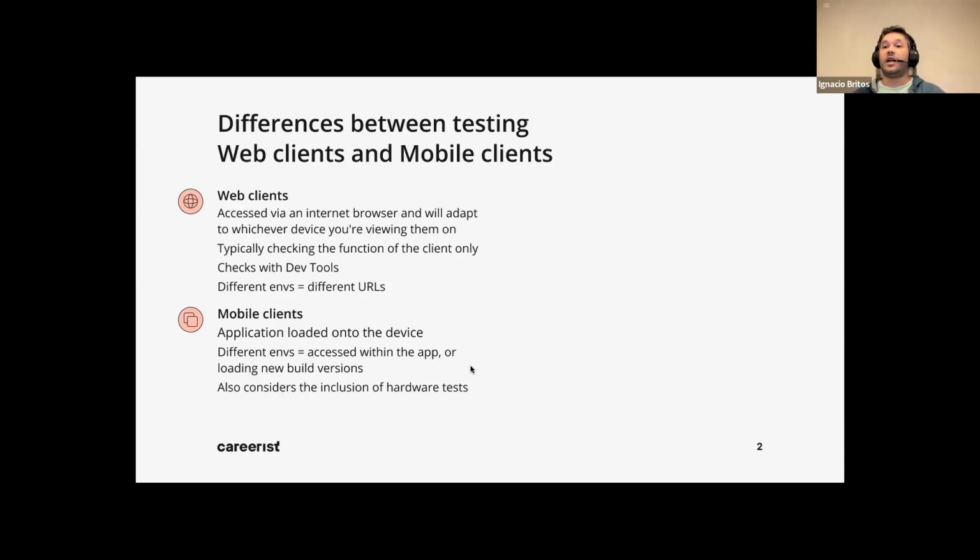And then in web clients, you can also try, as I mentioned for mobile clients, different environments, but just by changing the URL. The way of testing in different environments for a web client is by changing just the address, I mean the URL that you are calling.